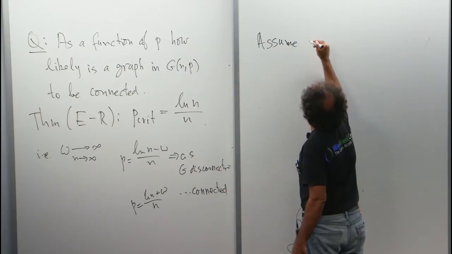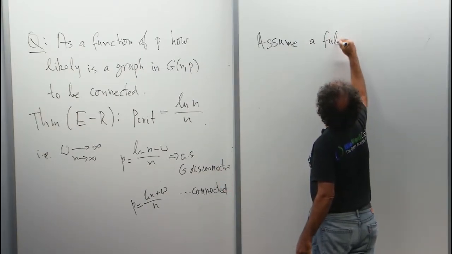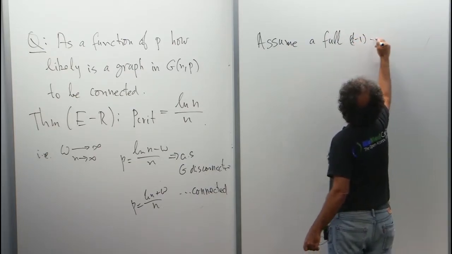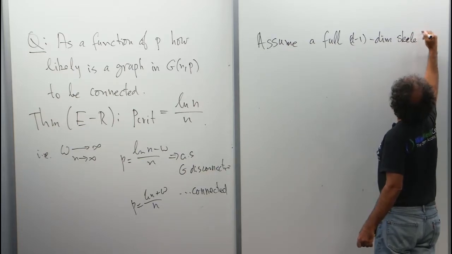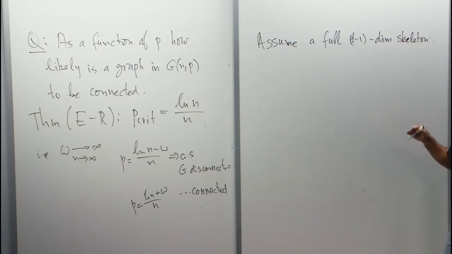We are assuming a full D minus 1 dimensional skeleton. So I'm assuming that all the faces of dimension strictly below D are there, and the only random thing is which D-dimensional faces we're picking.